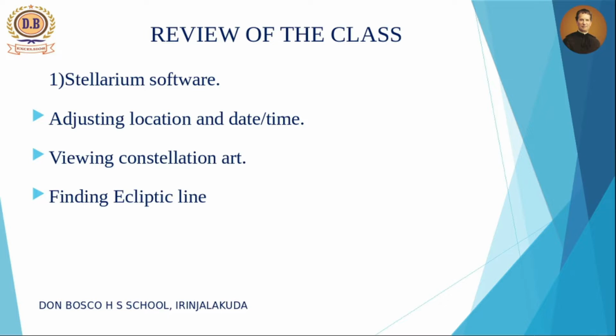And the last topic was finding the ecliptic line in the sky using the viewing options window tool. From that tool, click on ecliptic of date in the celestial sphere list of markings tab. Put a tick mark on that ecliptic of date. Then we can view the ecliptic line.